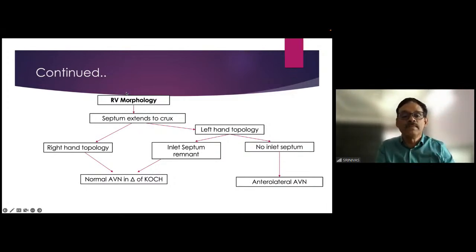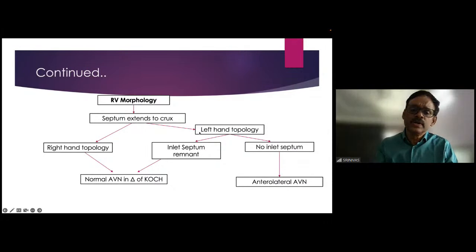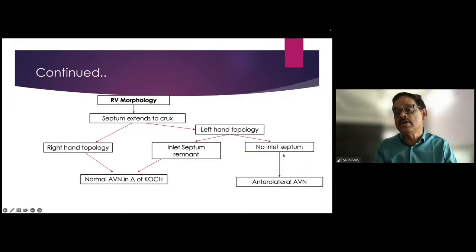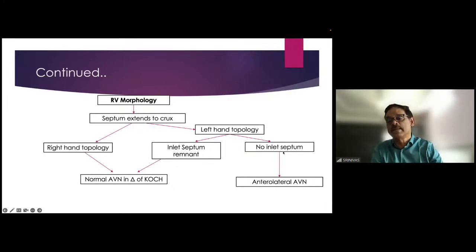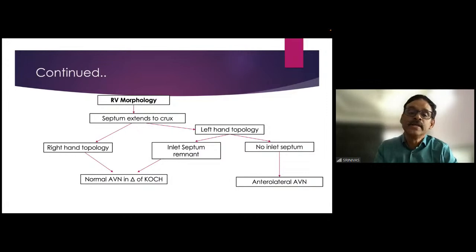Now in RV morphology single ventricle, usually the septum extends to the crux. So in right-hand topology, there will be a normal AV node in the triangle of Koch. In left-hand topology, there will still be an inlet septal remnant leading to the formation of the normal AV node. Sometimes there may not be any inlet septum even in single ventricle of RV morphology with left-hand topology, and there can be an anterolateral AV node.